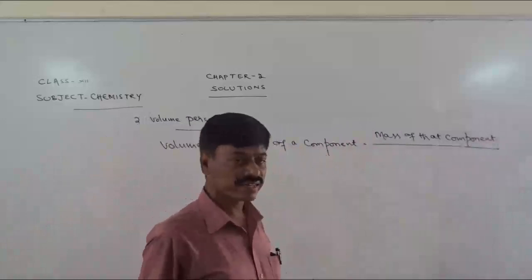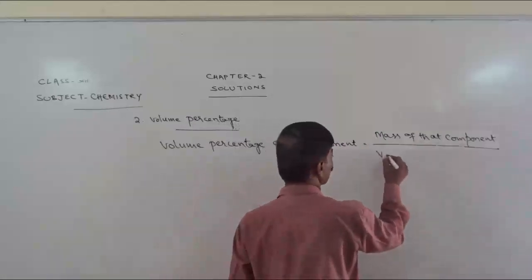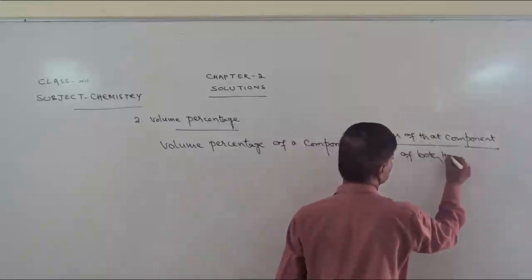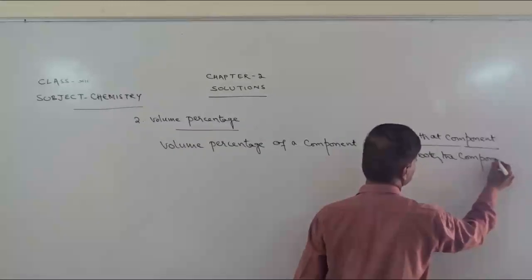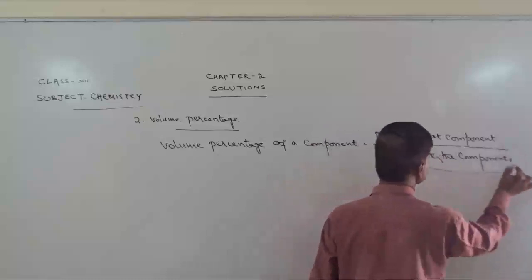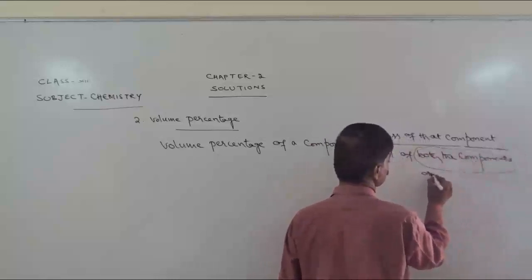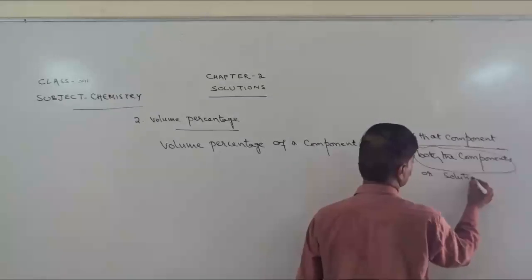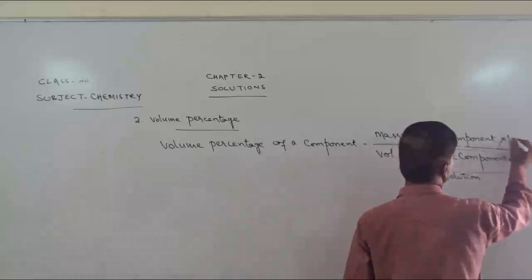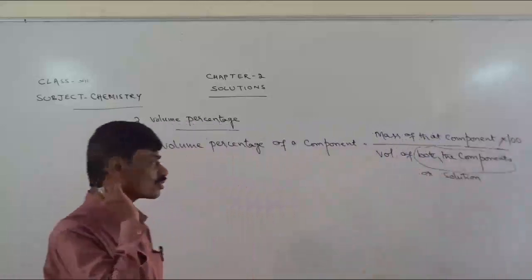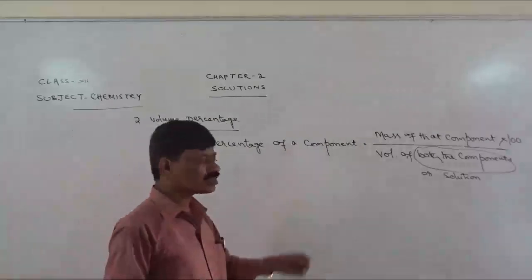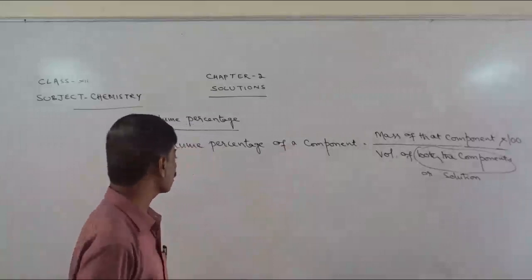Its mass is taken, divided by volume of both the components. Both the components means here it is nothing but solution, means solute plus solvent. And percentage means multiplied by 100. So in that way, volume percentage of any component, solute or solvent component, can be calculated.